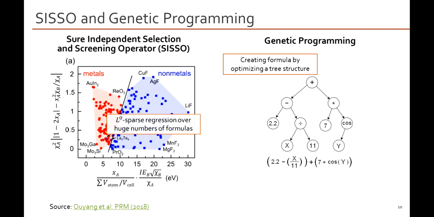There's a great series of work out of a group in Berlin that has shown how you can use some heuristic solvers for this L0 optimization to create those kind of simple models that we showed in our second slide, that allow you to interpret why materials would be metallic or non-metallic, and even make some explanations of why the metallicity of a material changes with pressure, again based on the volume of that cell.